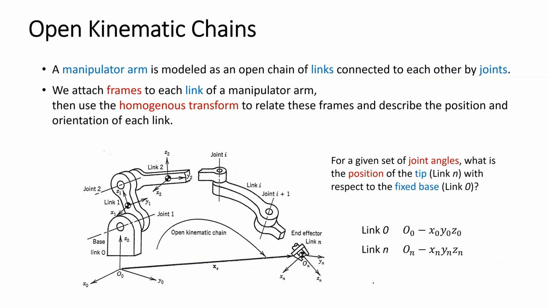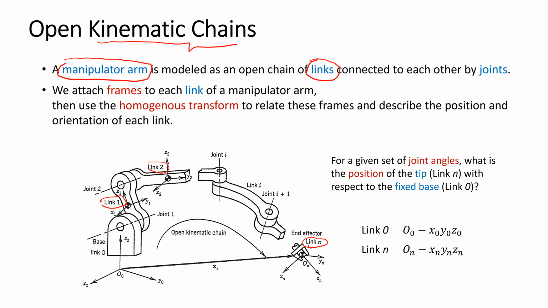Okay, to review the idea of the open kinematic chain, the manipulator arm that we study in our class, in our industrial robot class, mainly are the manipulators that can be modeled by an open chain of links. Open chain of links means we begin from link 1, link 2, and until the link end.